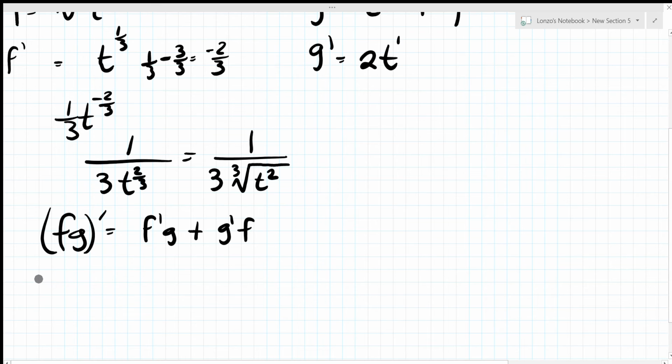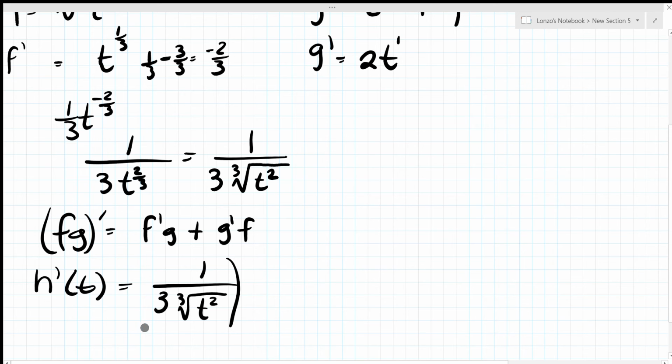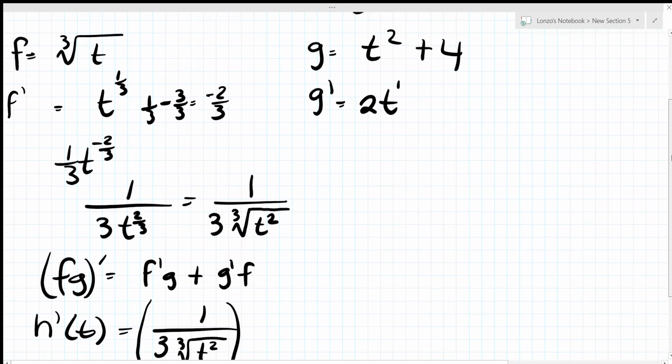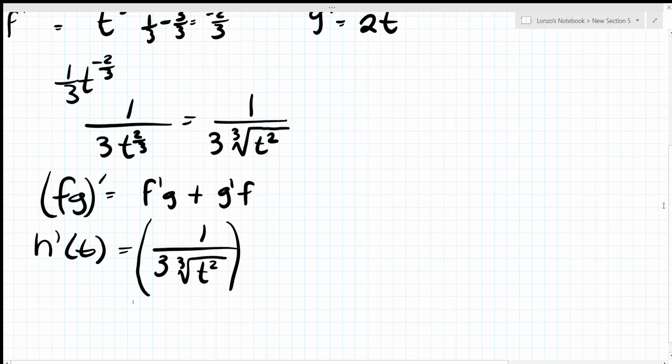So h prime of t equals f prime, which is this one, right? 1 over 3 times the cube root of t squared, times g, which, if you remember, is t squared plus 4. Good.